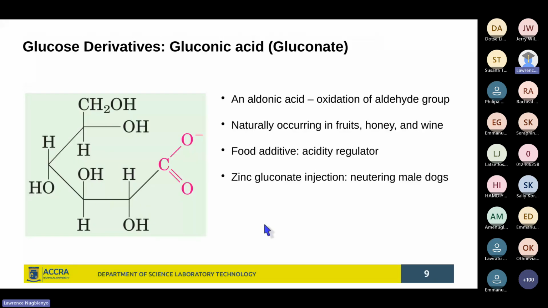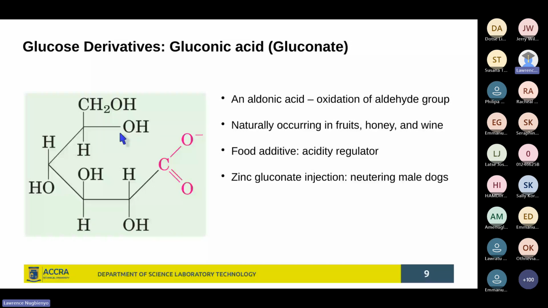Then we move to another acidic derivative. This time around, it is on carbon number 1 that you have the oxidation. So actually, this is a straight chain structure. It's just that it's folded.